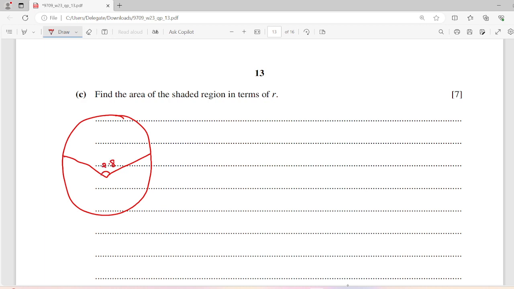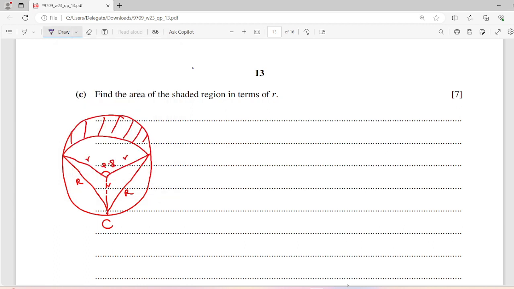Then I also have another circle and a sector that has a center right here. So this is the area of the shaded region that they want us to find. So this is big R, then this is big R, and this is small r. So we are required to find the area of the shaded region.